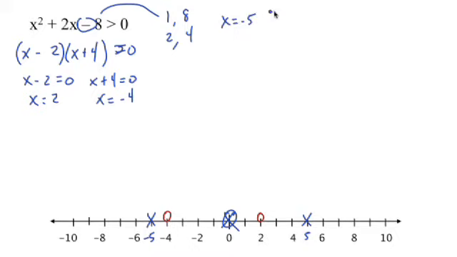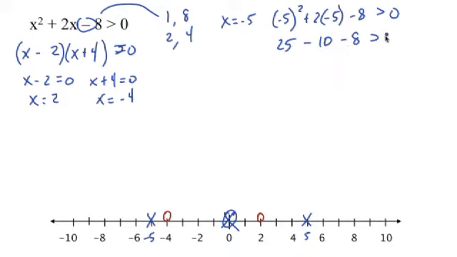When x equals -5, I have the following problem. -5 squared plus 2 times -5 minus 8 is greater than 0. So -5 squared is 25, minus 10 minus 8 is greater than 0. Well, this is going to give us a 7. Yeah. 7 is greater than 0. That satisfies it.